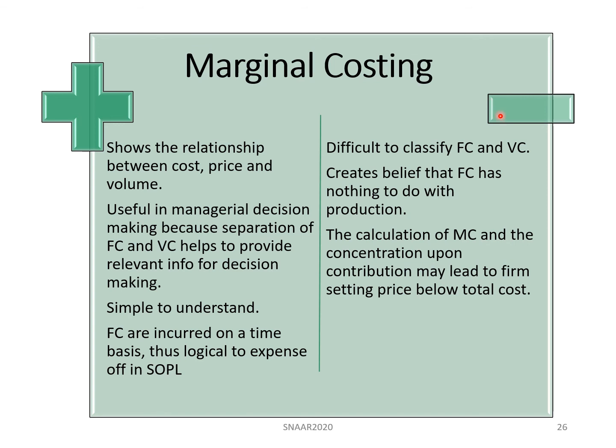The disadvantages is that sometimes it is difficult to classify such item sebagai fixed or variable. And also, it creates belief that fixed cost has nothing to do with production. Whereas somehow, dia akan ada relationship antara fixed cost dengan production. Next adalah the calculation of marginal cost and the concentration upon the contribution may lead to the firm setting price below the total cost.